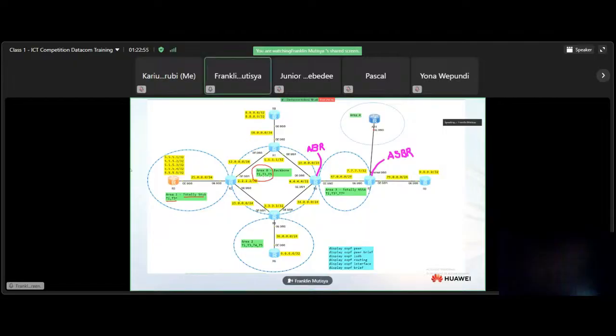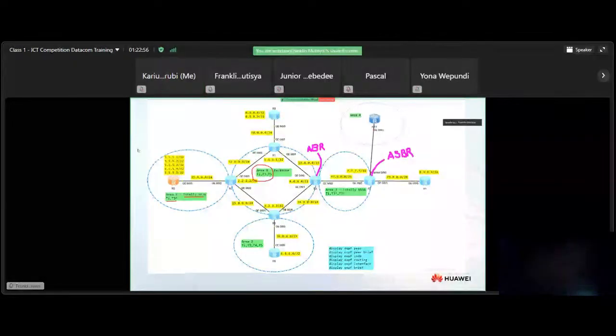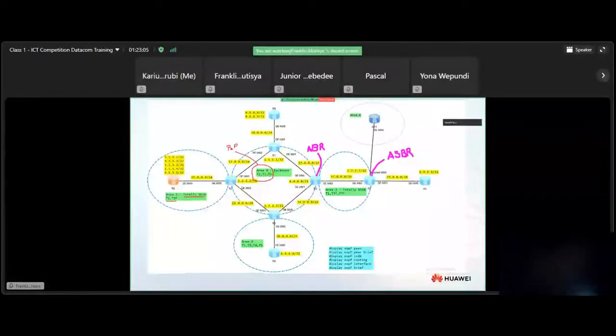Okay. So the answer is point to point. Remember, in broadcast, we said we have type 2, which are known as network LSAs.